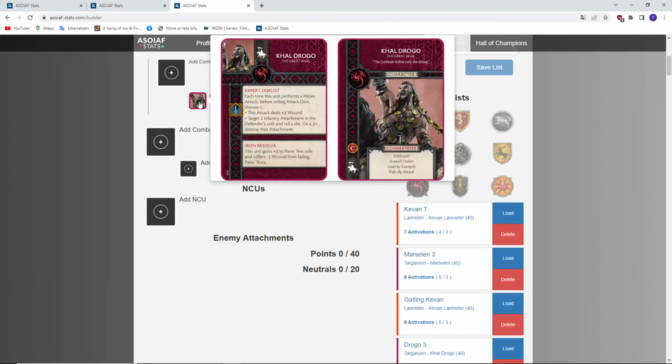There is a paragraph in the rulebook. I don't have it open now, but I'm sure you would find it easily. It basically says that an attachment for all purposes counts as part of the unit. So you could argue, well, it's part of the unit, so if you target the attachment, you target the unit. But there is a ruling in the forums by Michael G. Null, who counterruled this.